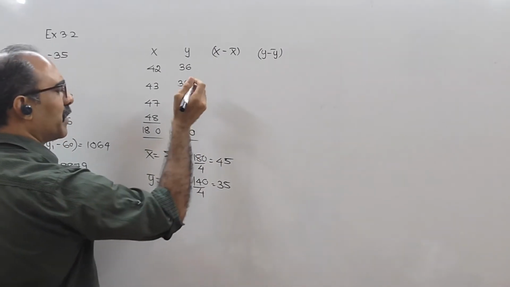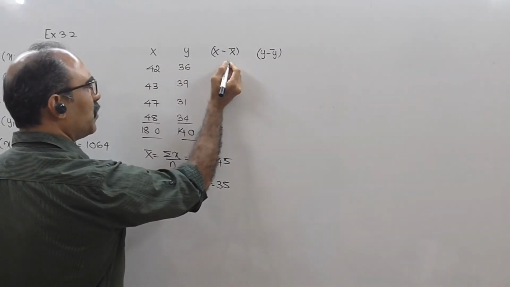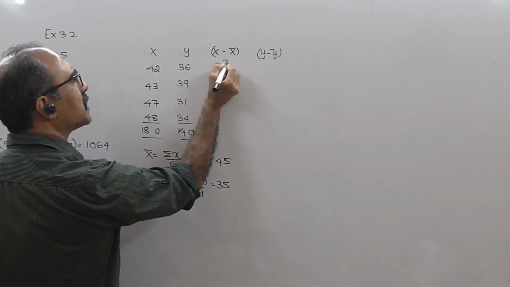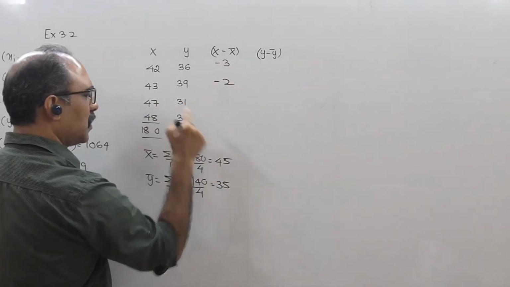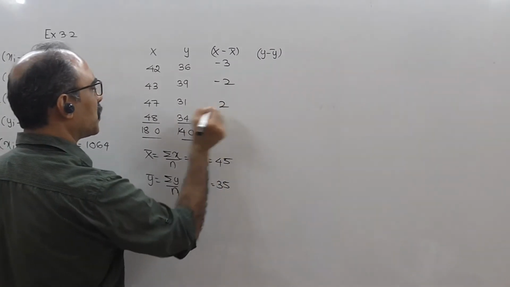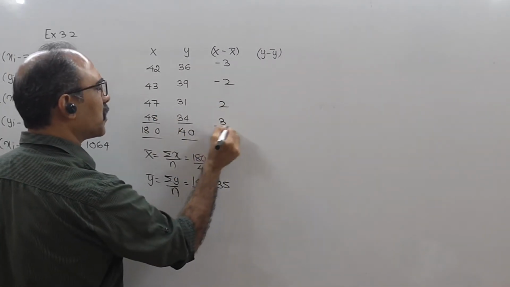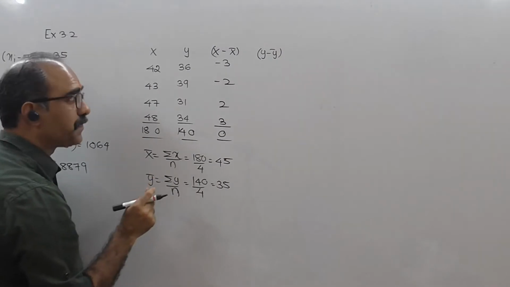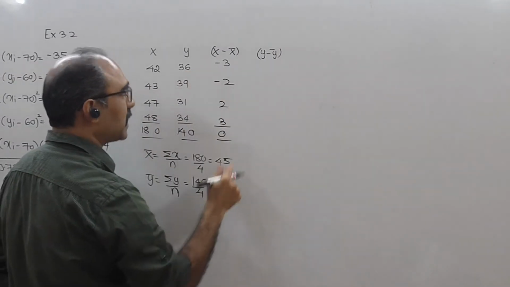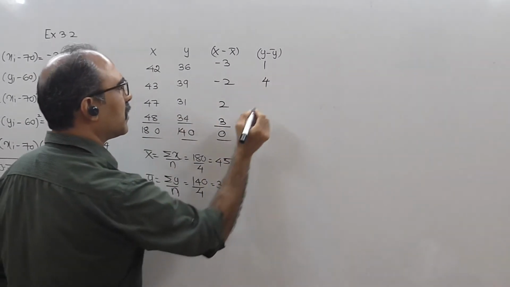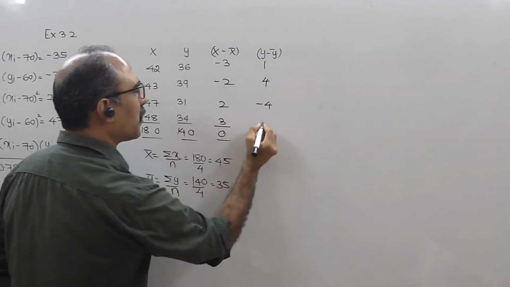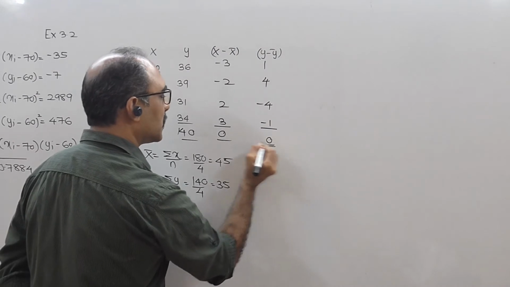Now I make a column x minus x bar. 42 minus 45 is minus 3, 43 minus 45 is minus 2, 47 minus 45 is positive 2, 48 minus 45 is positive 3, and the total is 0. For y, 36 minus 35 is 1, 39 minus 35 is 4, 31 minus 35 is minus 4, 34 minus 35 is minus 1, and the total is 0.